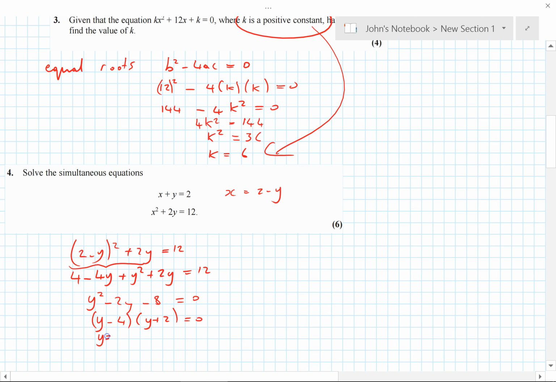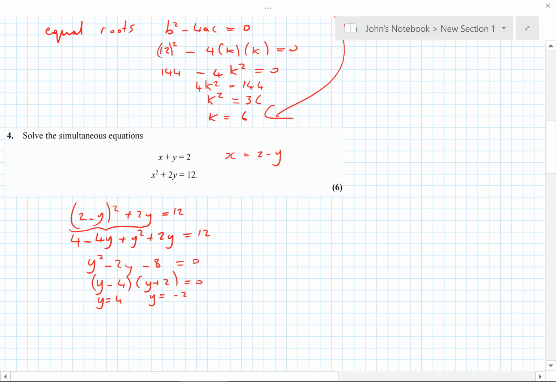So y equals 4 and y equals minus 2. So we put 4 back into this, and we're going to get x equals minus 2 and y equals 4. And x equals 4, so in this case x equals 4. So that's it, 6 easy marks.